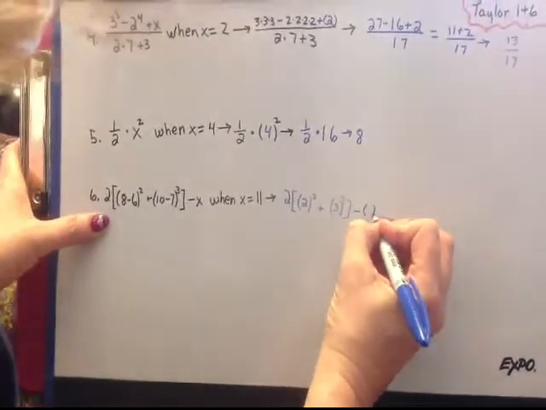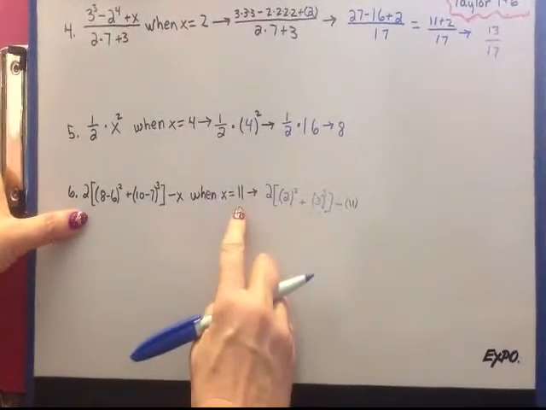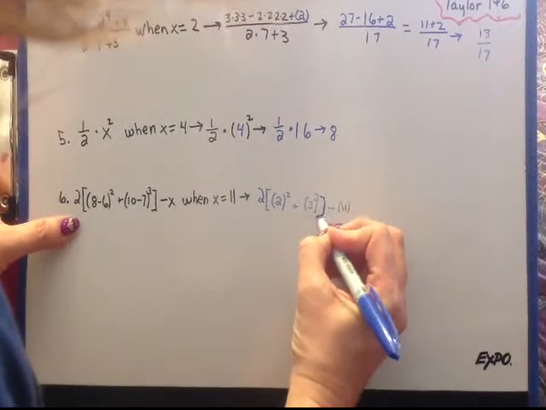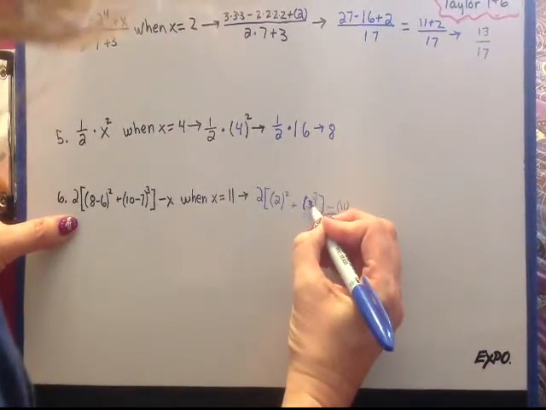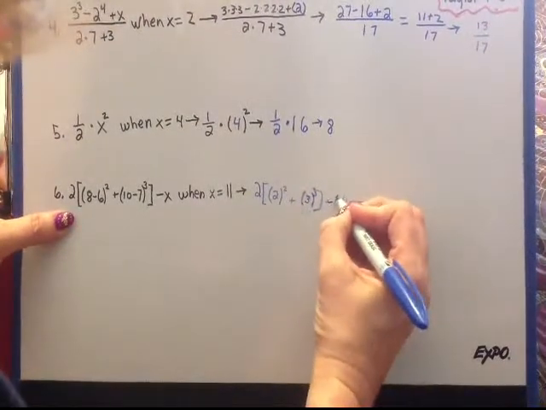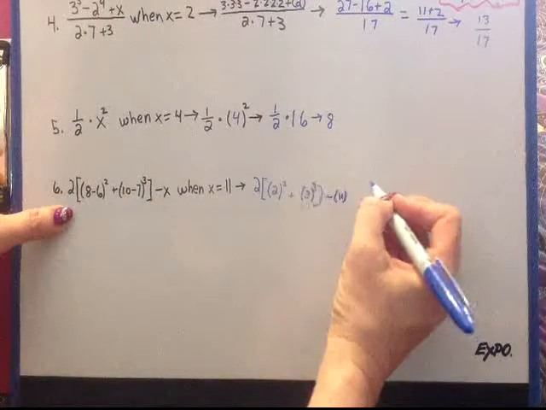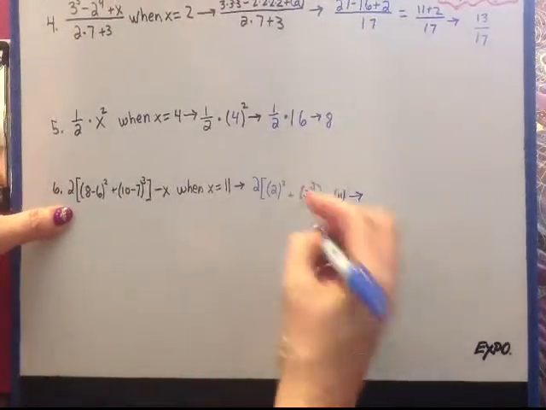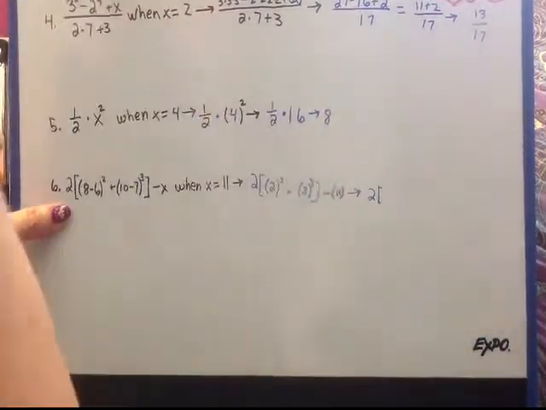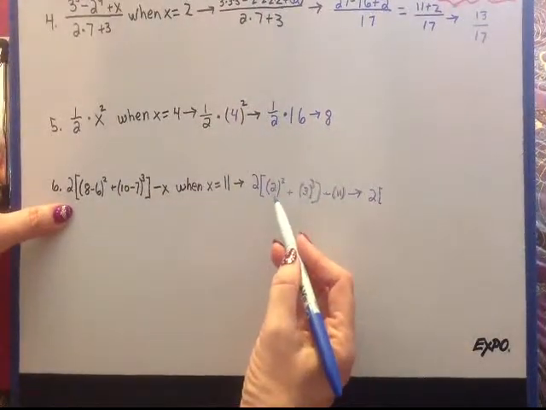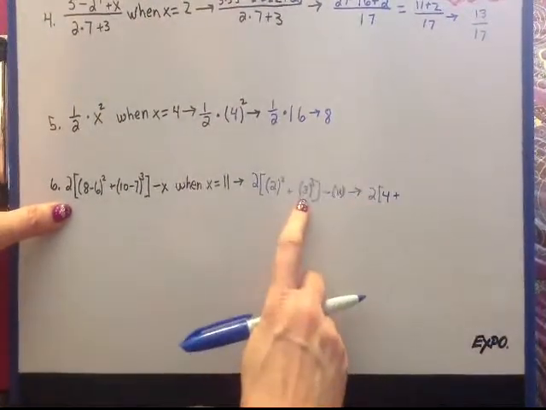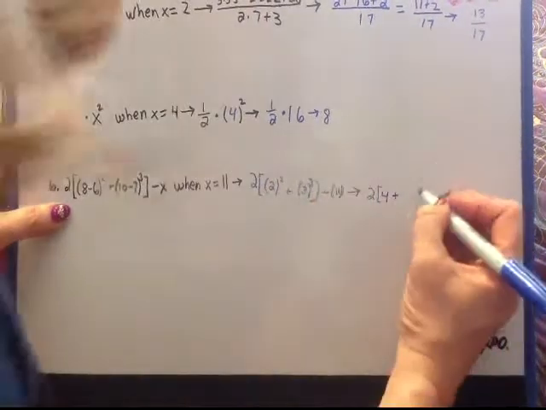Minus, here's our parentheses, and 11 is what x is. Okay, I don't know why this isn't showing up. Minus 11. All right, so now let's work inside our brackets. Remember, you work these types of things from the inside out. 2 times 2 is 4, plus 3 times 3 is 9 times 3 is 27.